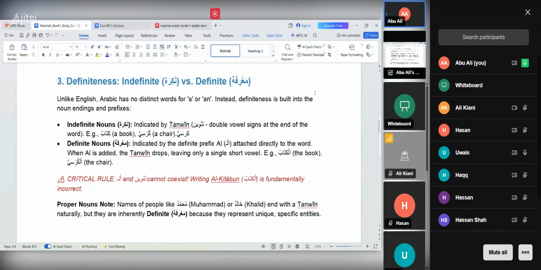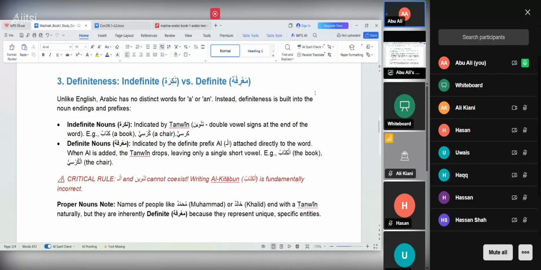So I use a and an to explain the indefiniteness of a noun. Definiteness and indefiniteness is something that is contingent to nouns. In principle, nouns are indefinite. Okay, you have to add something else to make it definite.